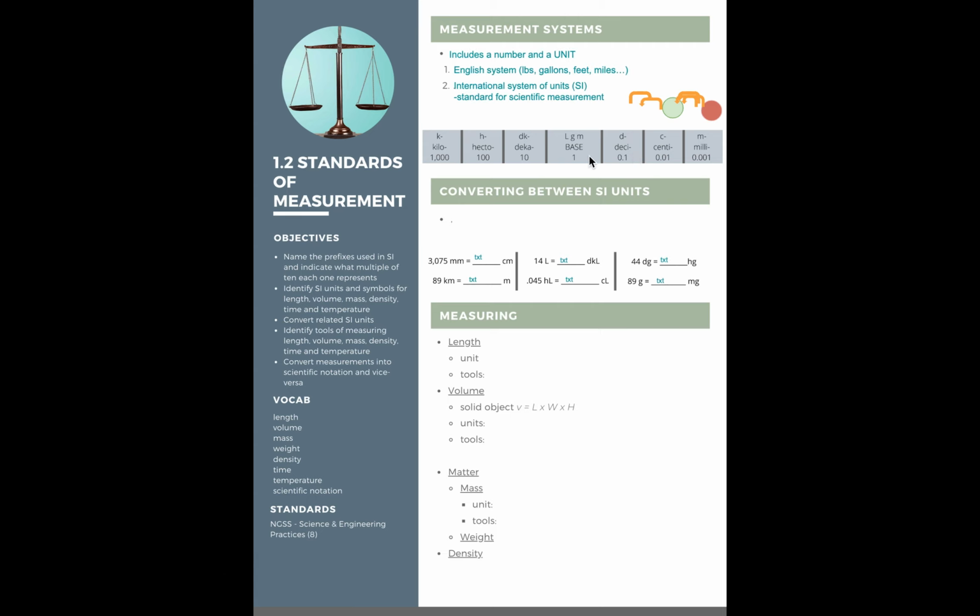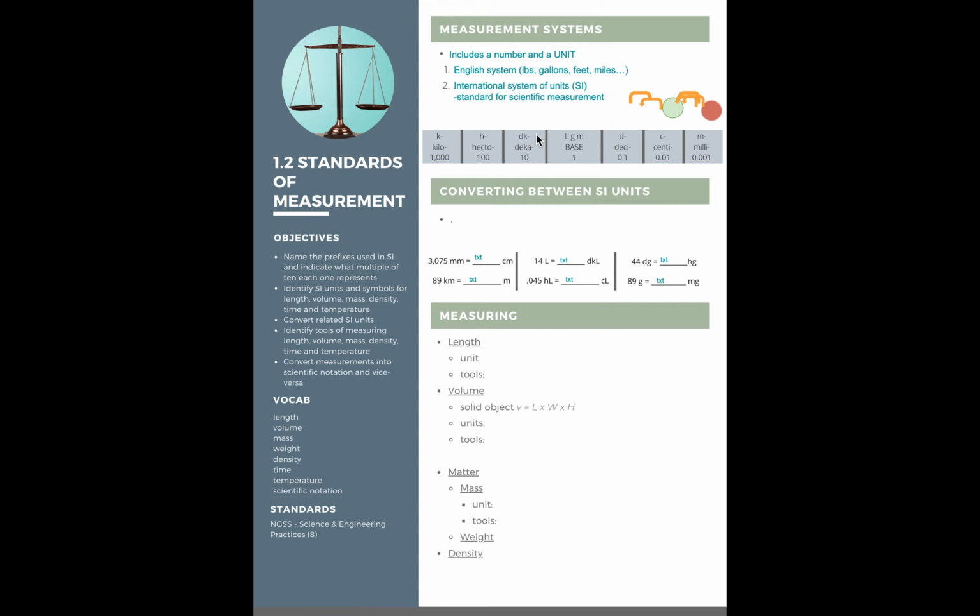Okay, so we have the base, and so it's important to know the base units of the SI system. Okay, so the L stands for liters, G stands for grams, and M stands for meters. Okay, so if we walk up the scale, these numbers are going to be bigger, whereas these ones are smaller. So if we walk up, we have deca, so like decaliter, decagram, decameter.